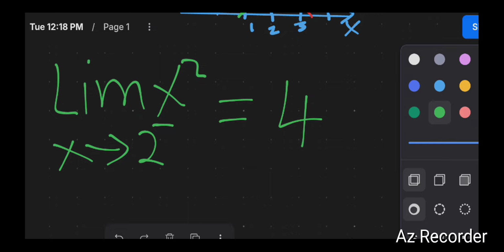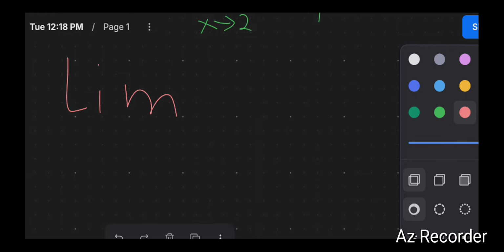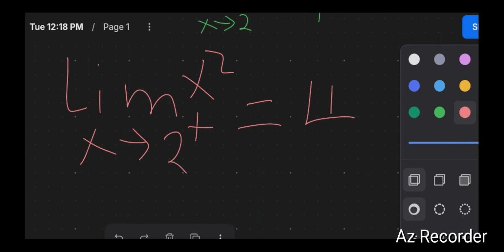We have seen this from the graph, right? And also from the graph, the limit as x approaches 2 from the left of f of x being x squared is also 4.